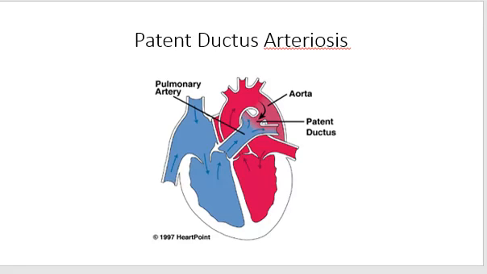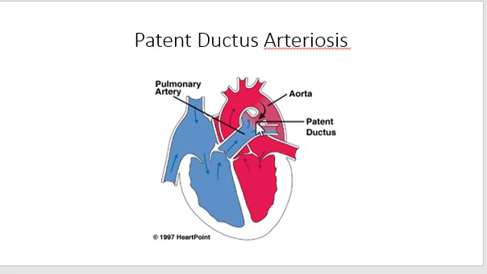Patent ductus arteriosus is basically the failure of the fetal ductus arteriosus to close, which is an artery connecting, when you're in the womb, the aorta and the pulmonary artery.